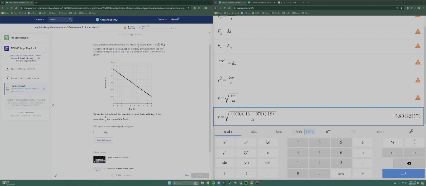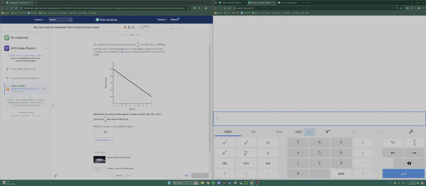On a planet with a mass of a third that of Earth, this rock falls. What we're going to do first is use the equation a equals change in v over change in t. So a is going to be equal to our change in velocity, right? Our initial velocity is technically negative 10.